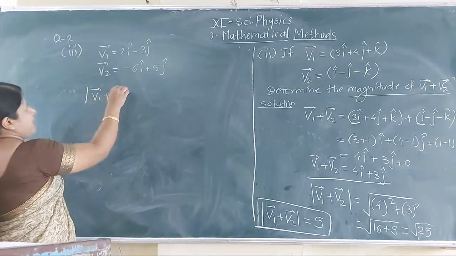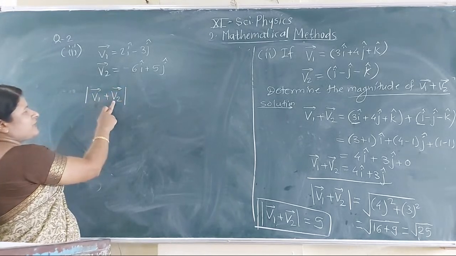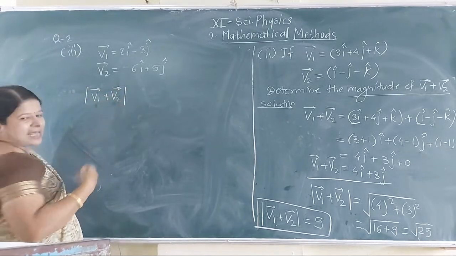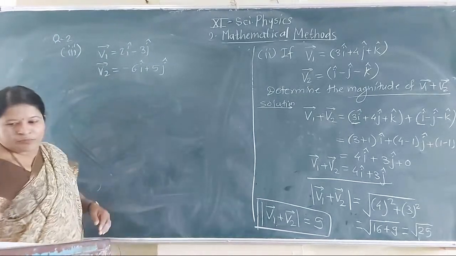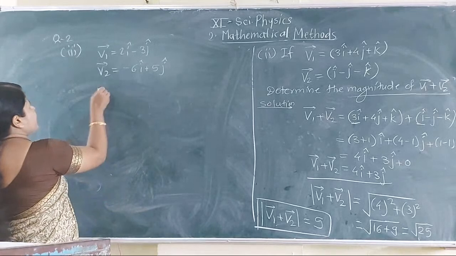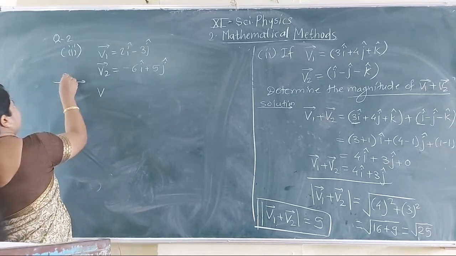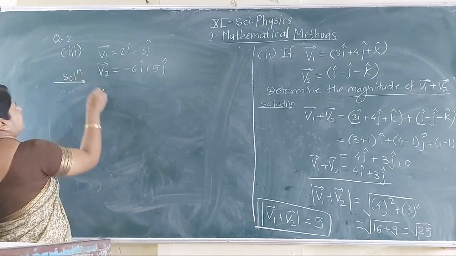We know that for magnitude we take the square root after adding the two vectors. So first we add these two vectors.